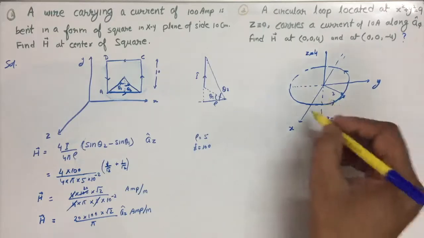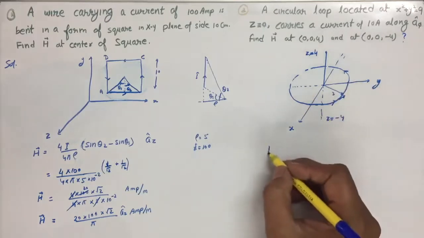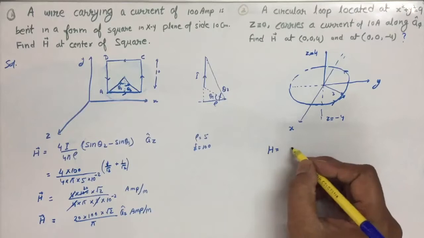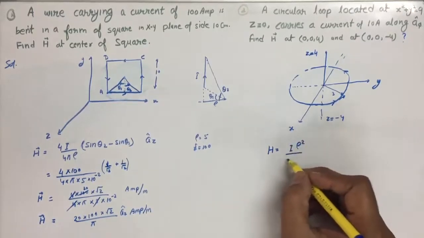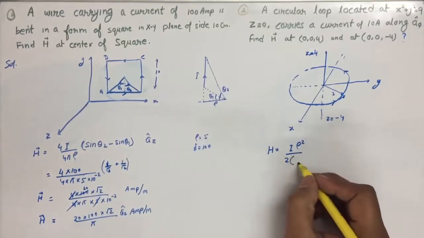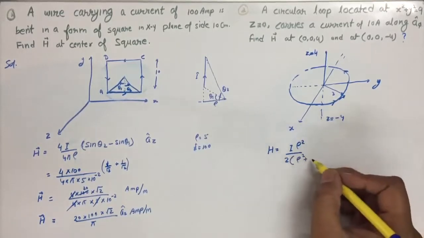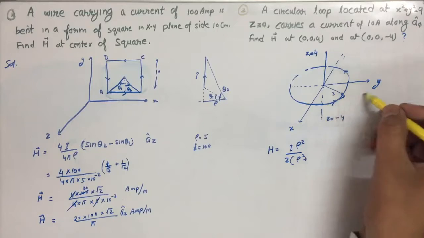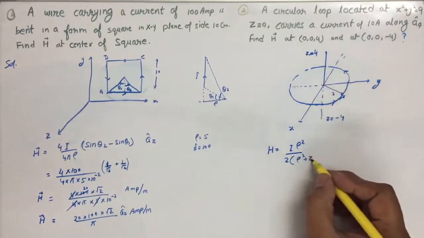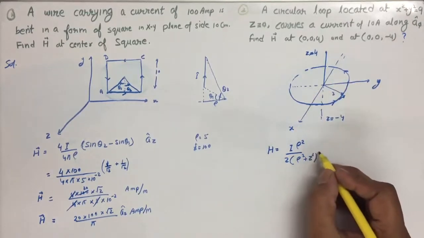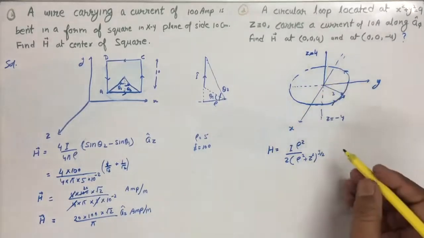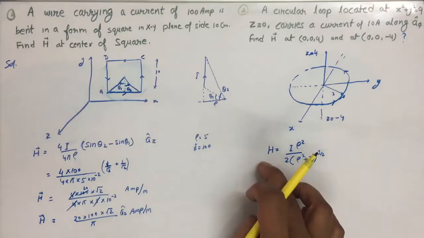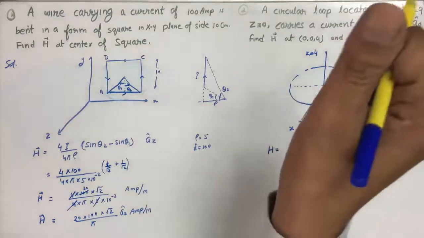So due to the current carrying loop, we know H is equal to I rho square divided by 2 times rho square plus z square to the power 3 by 2, since the loop is in the xy plane. The direction of H will be along the thumb direction.